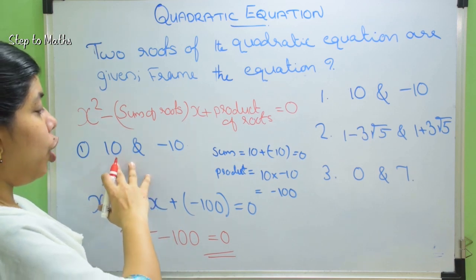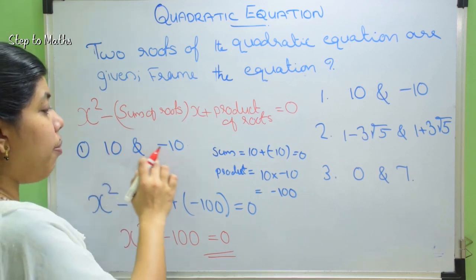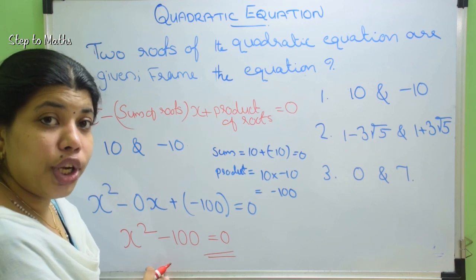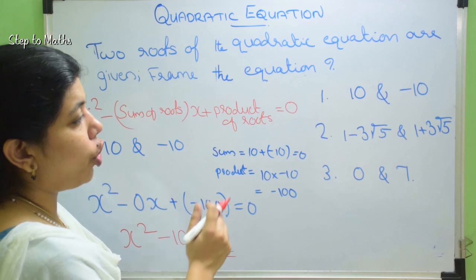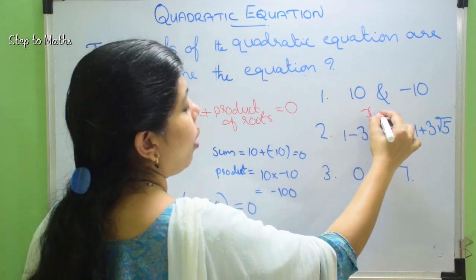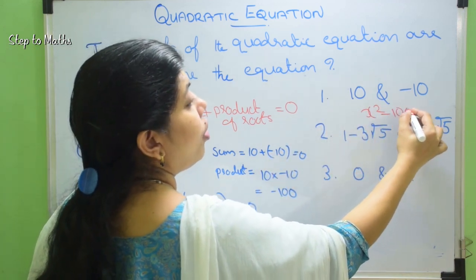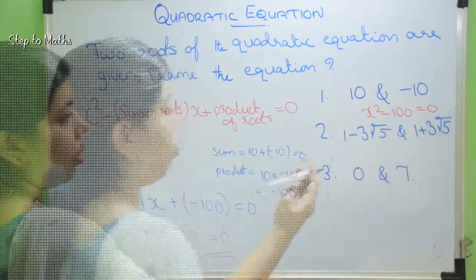If the roots are 10 and minus 10, then its corresponding quadratic equation is x square minus 100 equal to 0.